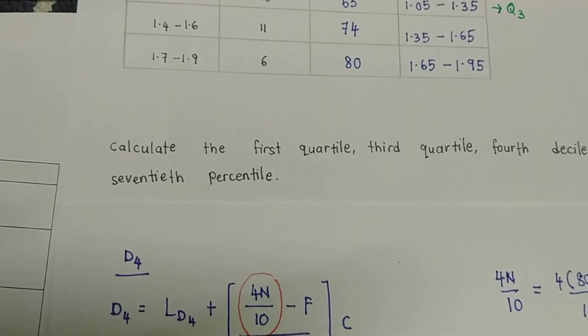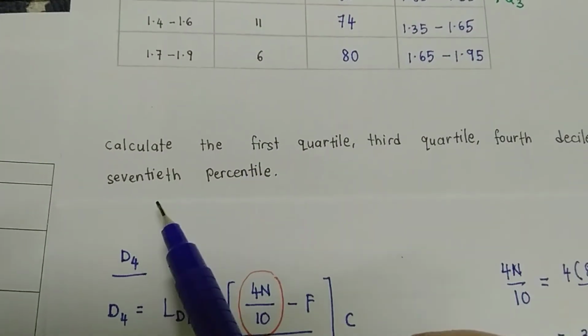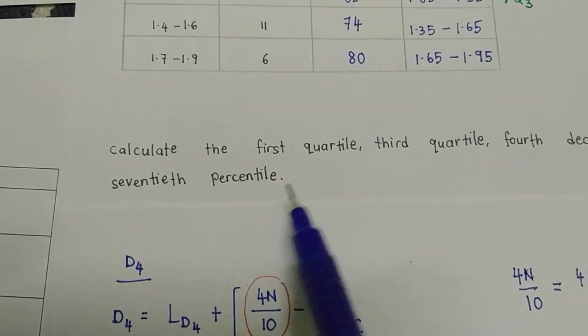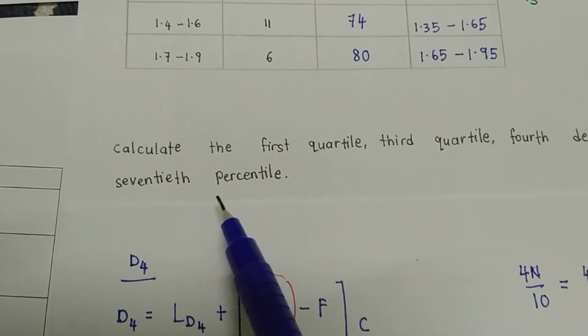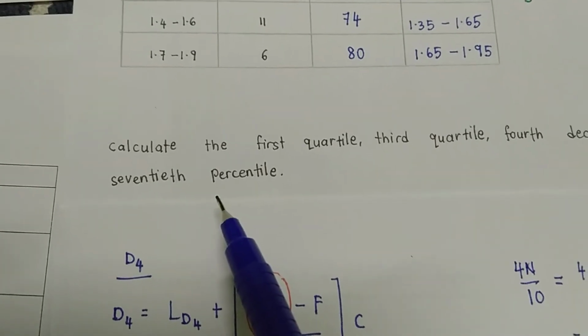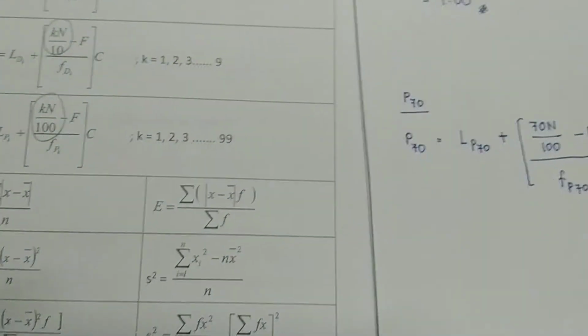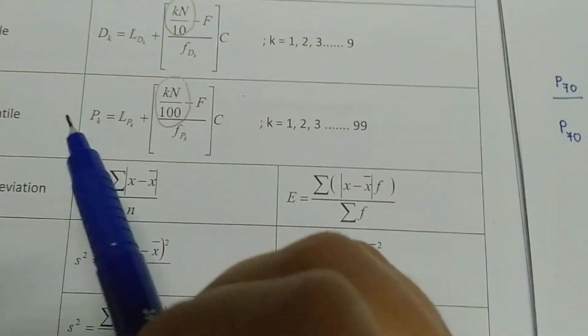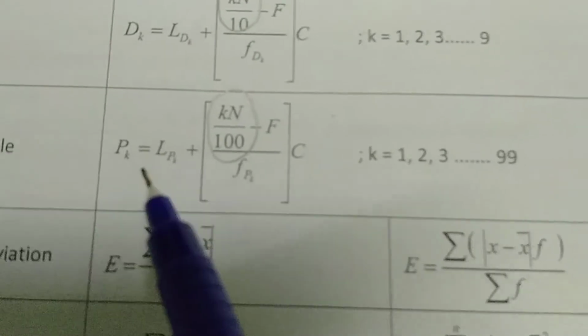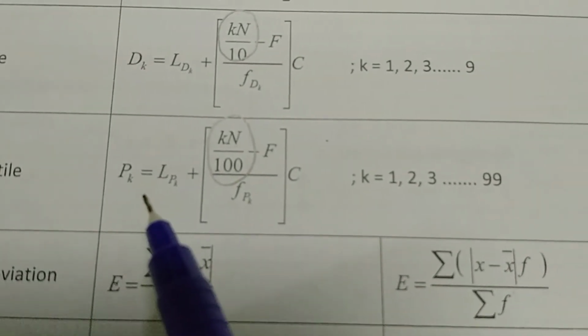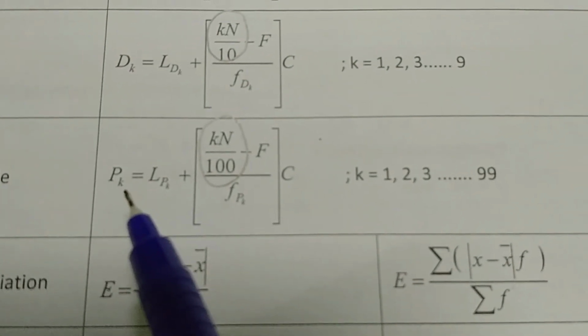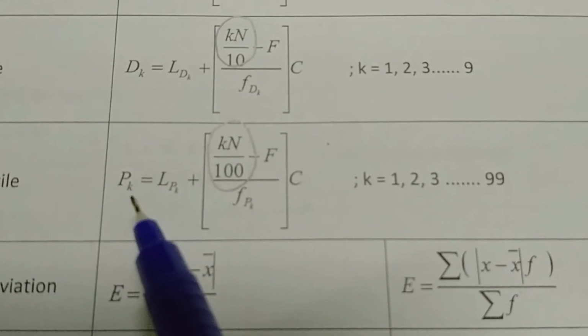Okay, now for the last question, we must find the 70th percentile. So the 70th percentile means we must find P70. Okay, so we look at the formula for percentile. The formula of Pk: the 70th percentile is P70, so our k is 70.